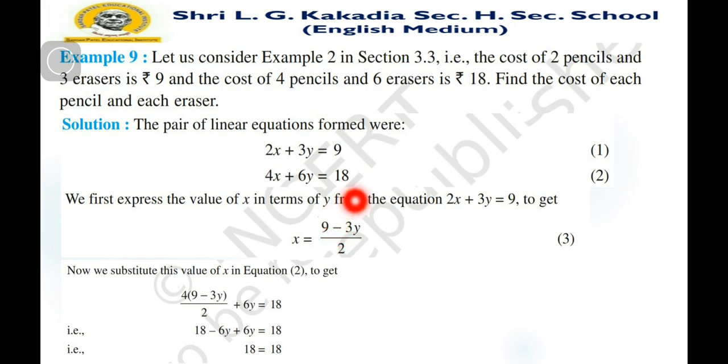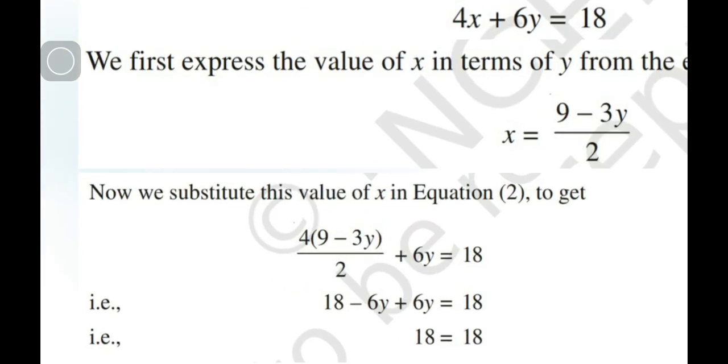We know that if the given equations are a coincident pair of linear equations, then we get this type of value, here 18 is equal to 18. We find this because both equations are of one line. So both equations represent a coincident line.